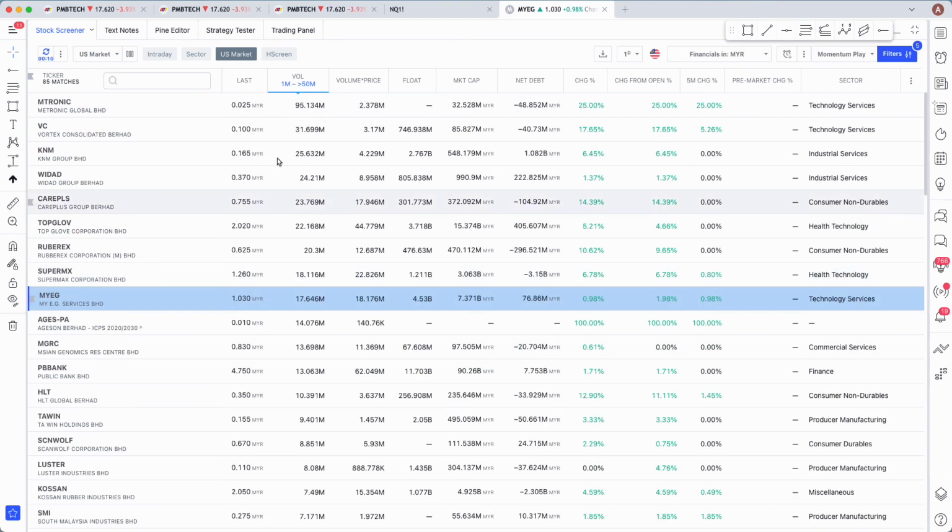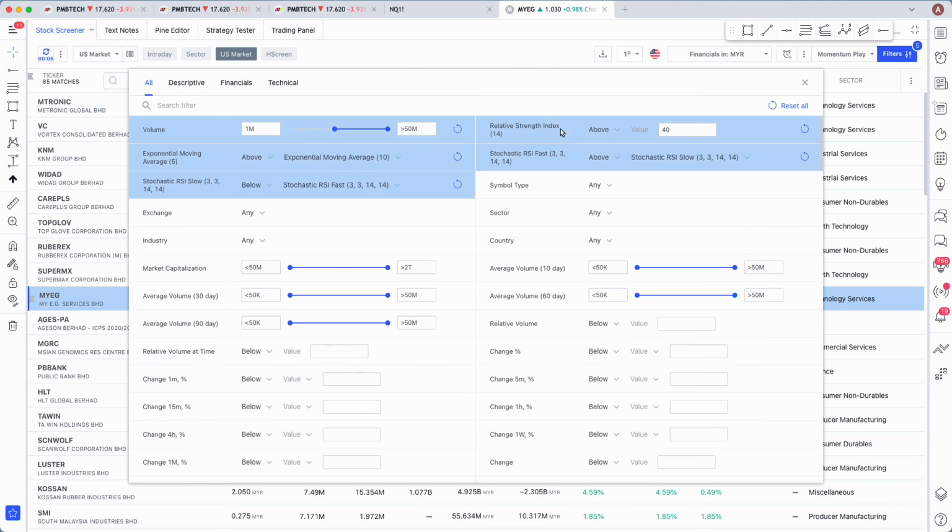I'm using Malaysia counters as a reference, right? So first, I set the volume to be more than 1 million. Next, I set the exponential moving average 5 above exponential moving average 10. This is because I want to find an uptrend counter, but a short-term uptrend, right?